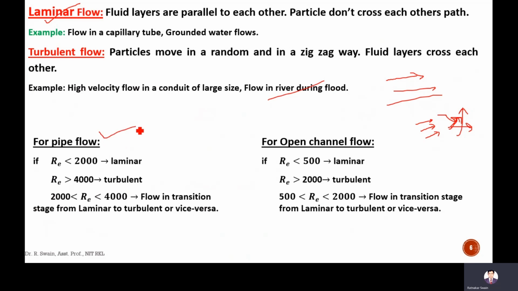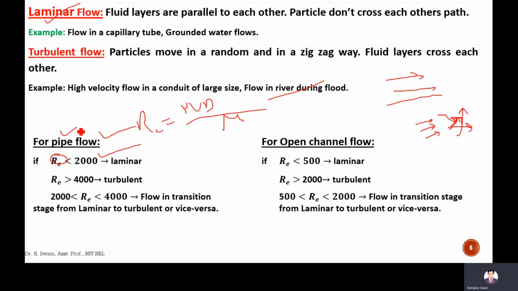Next is pipe flow. For pipe flow, how do we characterize laminar and turbulent? Using the Reynolds number, which is rho V d by mu. If this Reynolds number is less than 2000, it is called laminar.